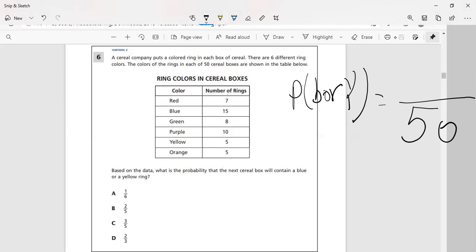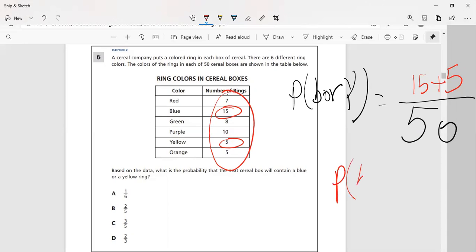And how many blue, how many yellow do we have? We have 15 blue and 5 yellow. So we have 15 plus 5. Okay. So the probability to get either blue or yellow, you add them out of the total number of color rings we have.